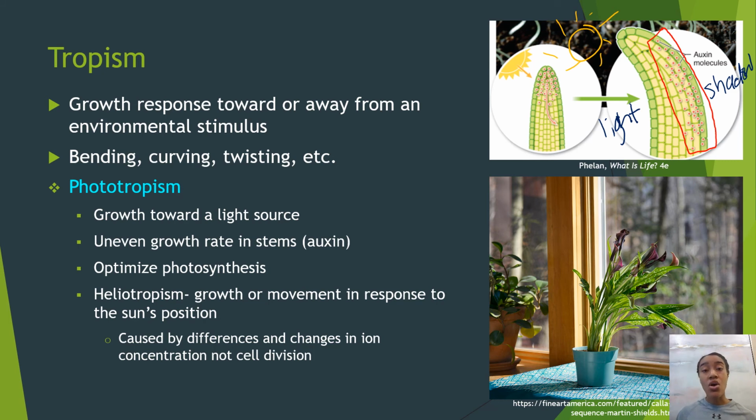And like I mentioned, this is all to optimize the amount of photosynthesis that the plant can undergo. People can use phototropism a lot of times if you've ever seen lucky bamboo. If you've ever been to a store, they'll have these potted bamboo plants that go up and then start to spiral.